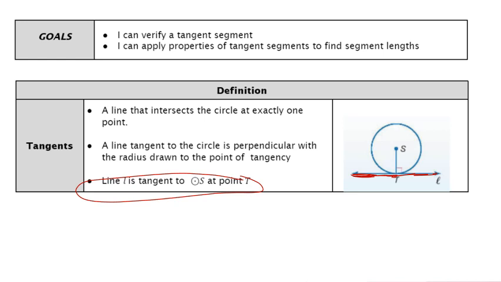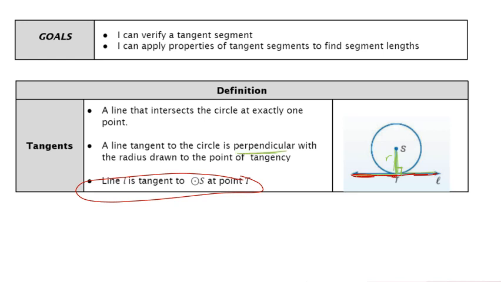One property we're going to see is that if I draw a radius that intersects the point of tangency, it's going to create a right angle with that tangent segment. They're going to be perpendicular, because perpendicular means intersects to form right angles.